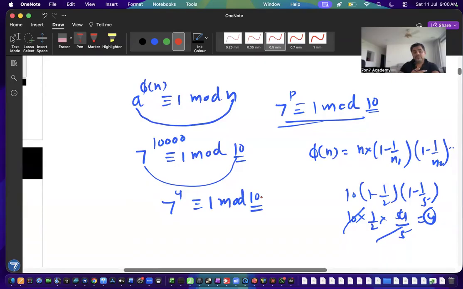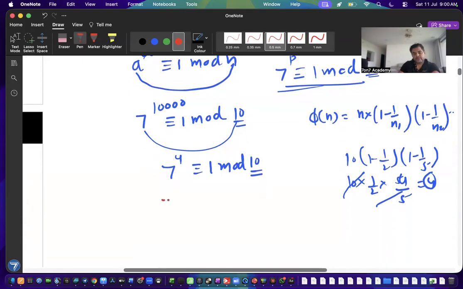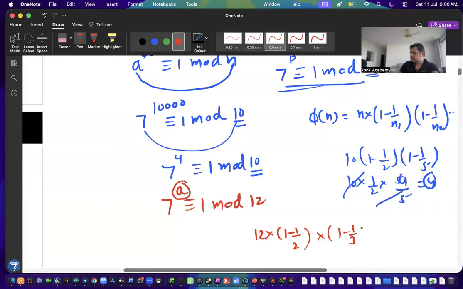Chalo, now I want to divide by, suppose, 12. How will I do it? 7 raised to a is congruent to 1 mod 12. What would this a be? The totient function of 12. The prime factors are 2 and 3, right? So it will be 12 times 1 minus 1 over 2, times 1 minus 1 over 3, so 12 times half times 2 by 3.